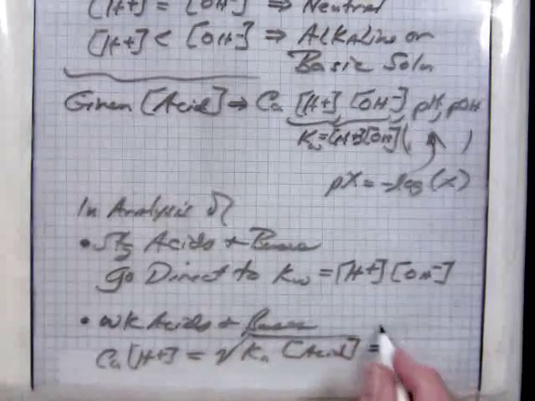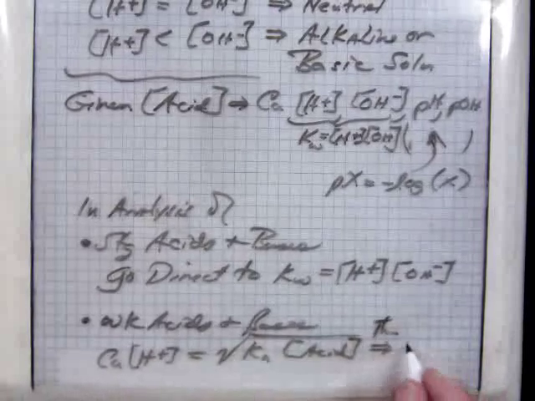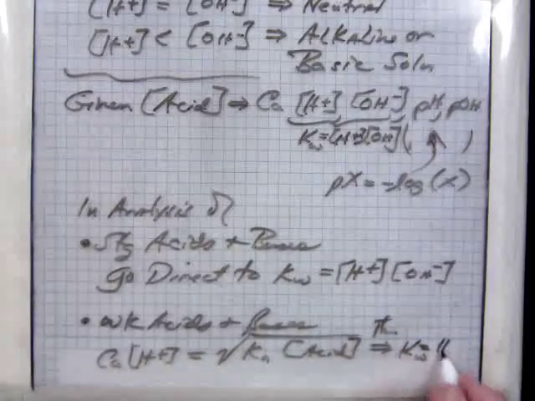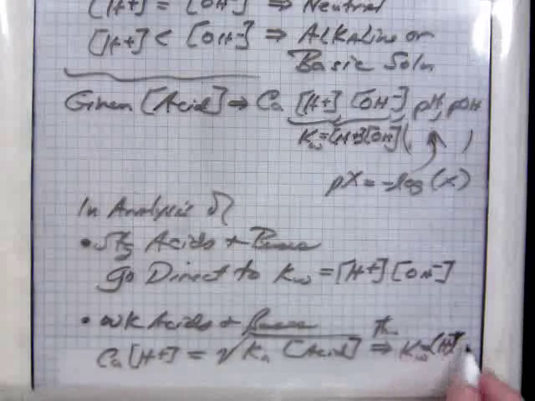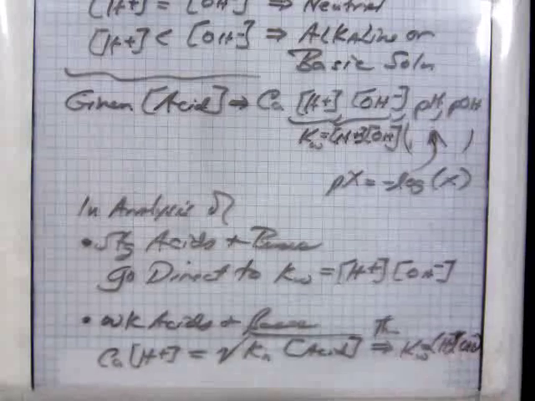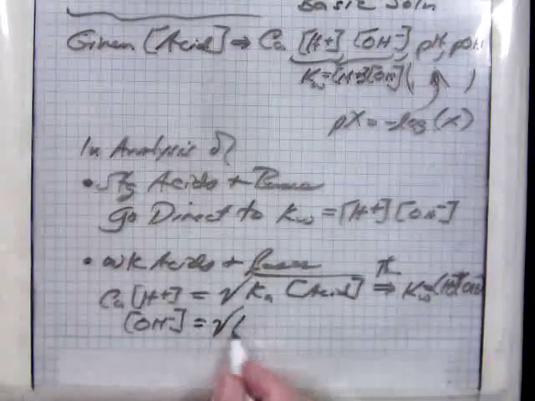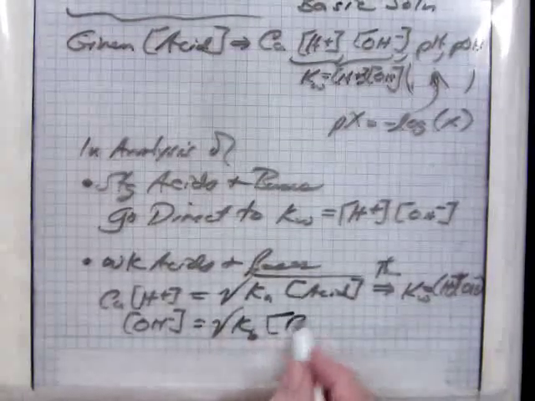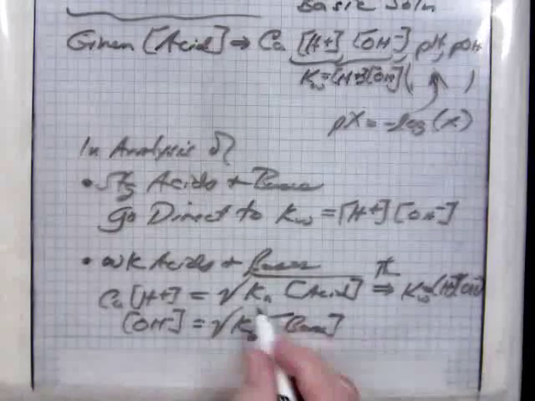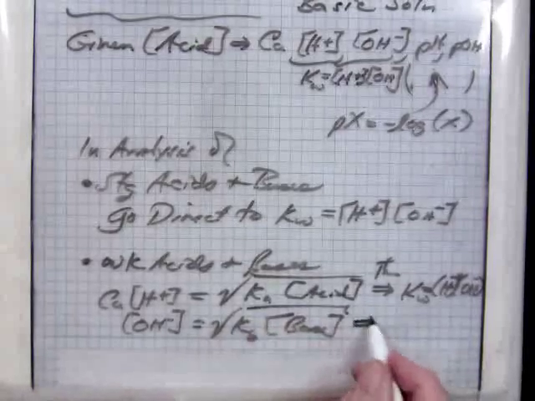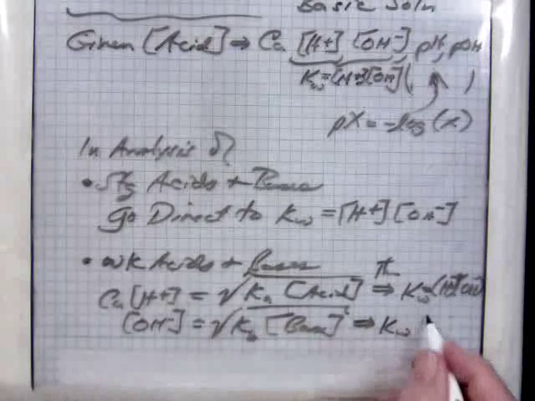Then go to the Kw, H times OH. Same way with hydroxides for bases. It's a Kb number, and that's given. Then go to the Kw expression.